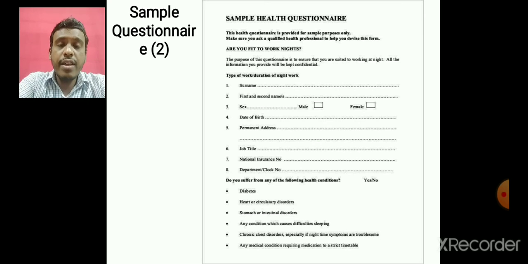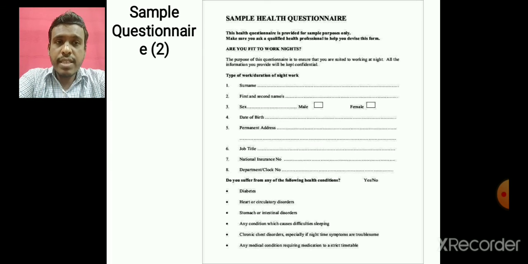After your demographic profile has been captured in the first part, in the second part they ask whether you have any of the following diseases: diabetes, heart related, kidney related, stomach or gastrointestinal problems, or anything that is causing you sleep disorders.